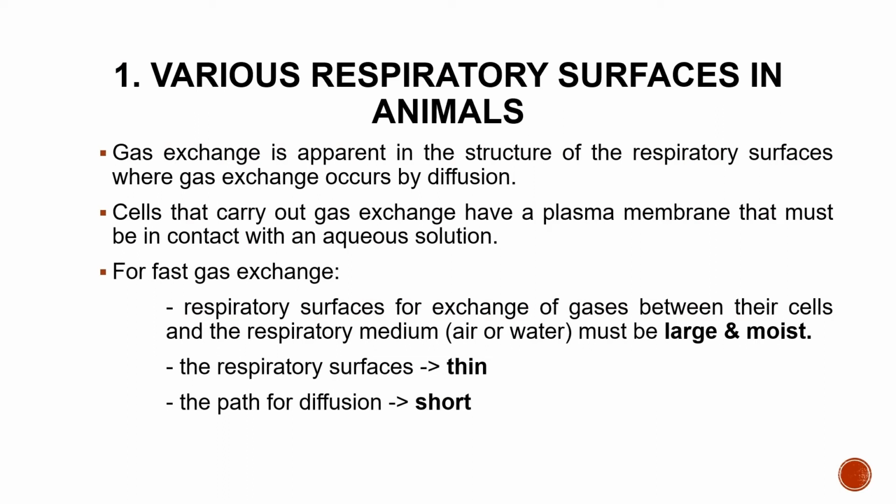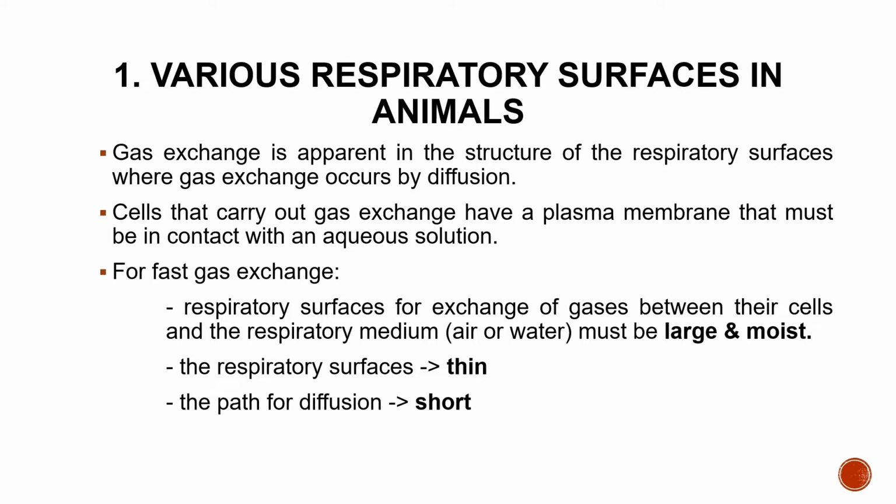So now we come to the first learning outcome, various respiratory surfaces in animal. Gas exchange is apparent in the structure of respiratory surfaces, where gas exchange occurs by diffusion. Cells that carry out gas exchange have a plasma membrane that must be in contact with an aqueous solution.